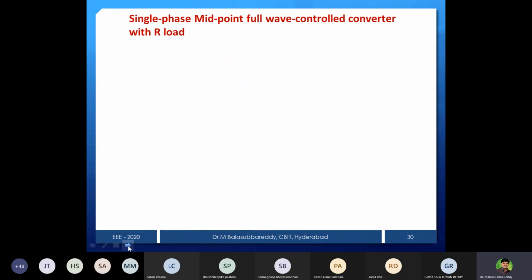Now, what can we get? Expressions. So in our derivation, you can see the average output voltage as per our previous explanation. Simply it is a 2 pulse converter, 2 by 2 pi, limits are alpha to pi, output is Vm sin omega t.